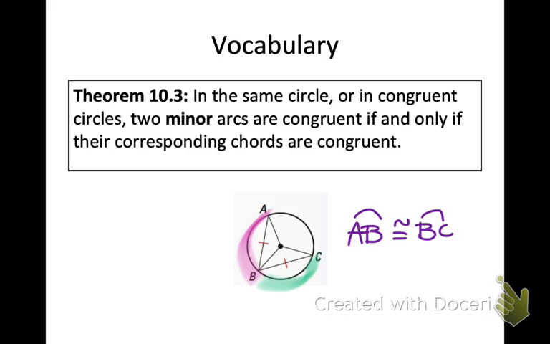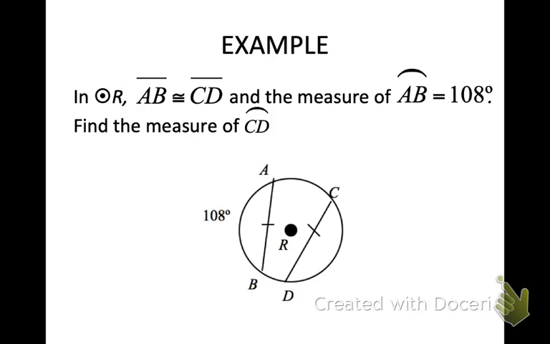If you look at this first example, it says in circle R, AB, well that's a chord, is congruent to CD, which is another chord. The measure of arc AB is 108 degrees. Find the measure of arc CD. Well, what is it? 108.